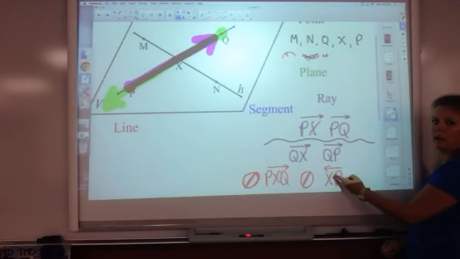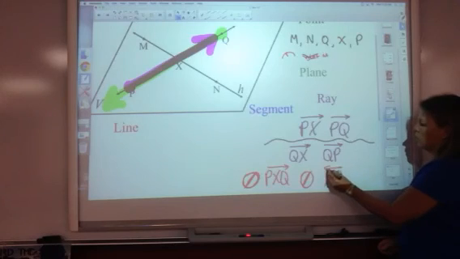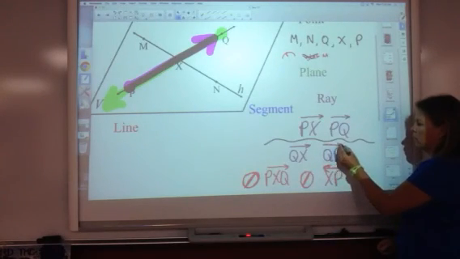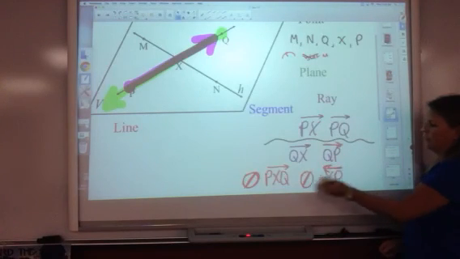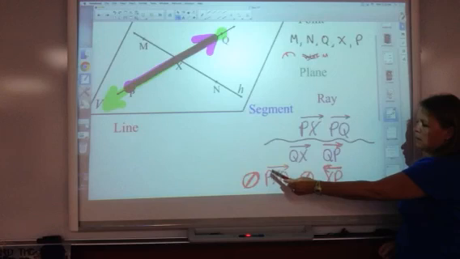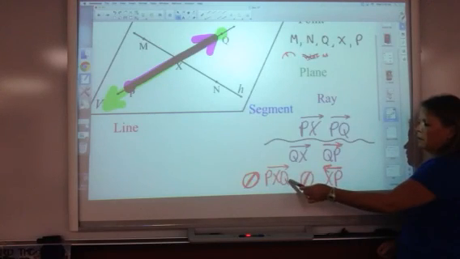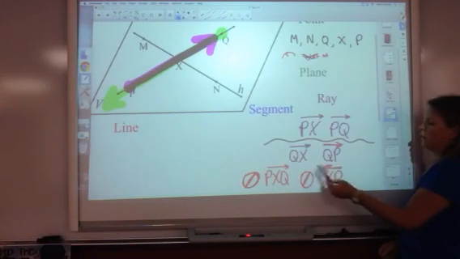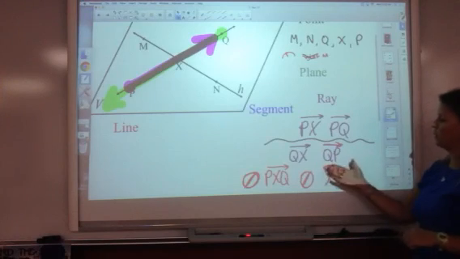That's not okay. We don't draw arrows going from right to left. We draw our arrows going from left to right. So it's against the rules in vocabulary, in geometry, in notation to use 3 points on a ray or to draw the ray in the reverse backwards direction.